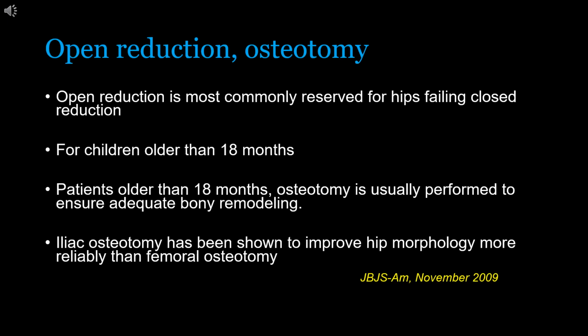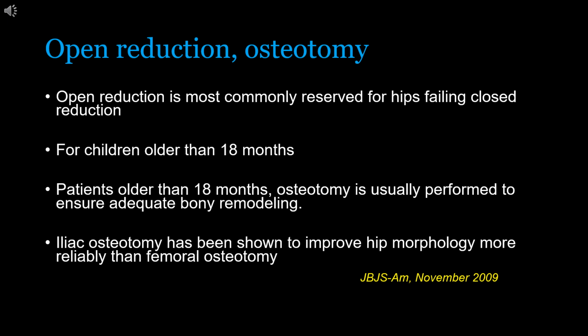Open reduction and osteotomy. Open reduction is most commonly reserved for hips failing closed reduction or for children older than 18 months, although there is some variability on this point. Also, for patients older than 18 months, osteotomy is usually performed to ensure adequate bony remodeling.